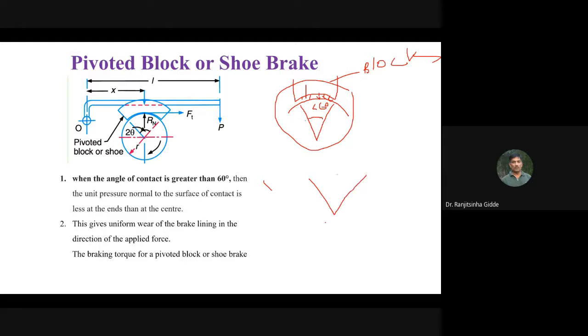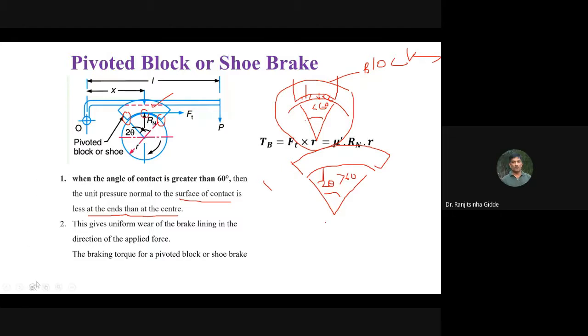Now in this case, 2 theta is greater than 60, and in this case the unit pressure normal to the surface of contact is less at the ends than at the center. So there is a difference between the applied pressure at these ends and at the center.